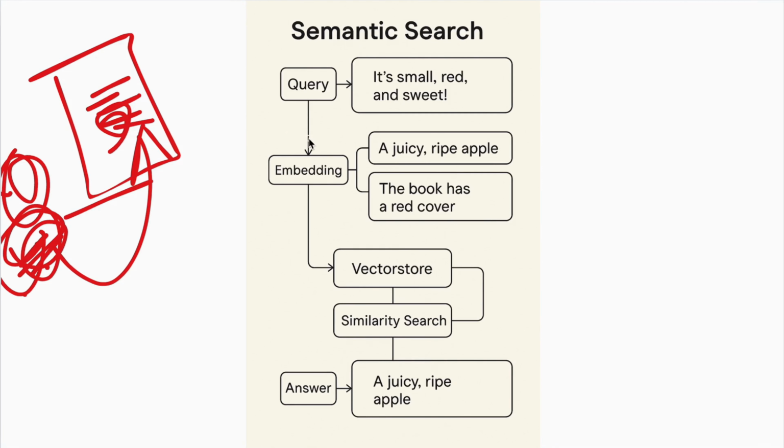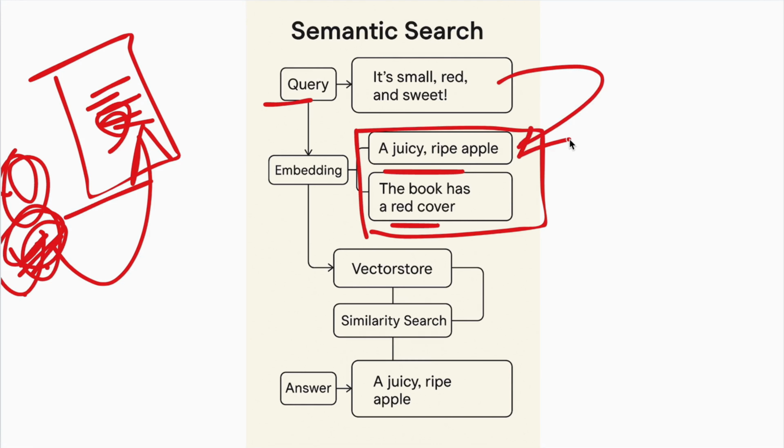Let us understand how it works. We have two documents, which are really small, and we have to do question answering over these two documents. The query is "it is small, red and sweet." What answer should it give from these documents? Ideally it should give the answer "it is juicy, ripe" as well as apple.